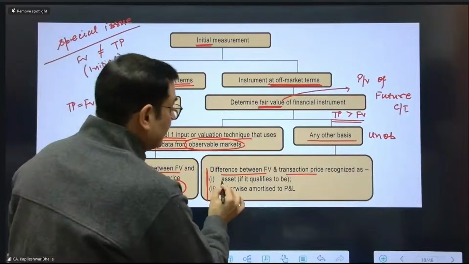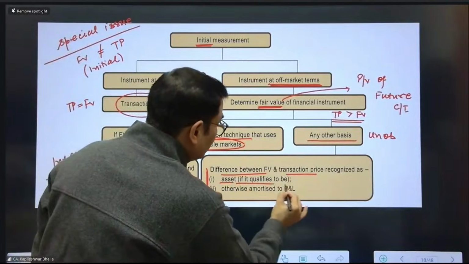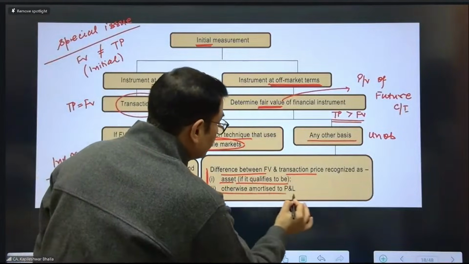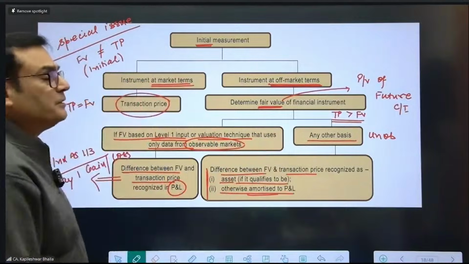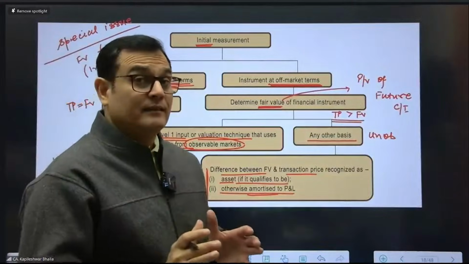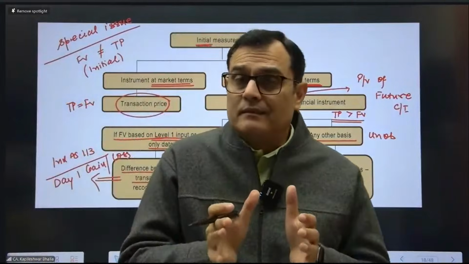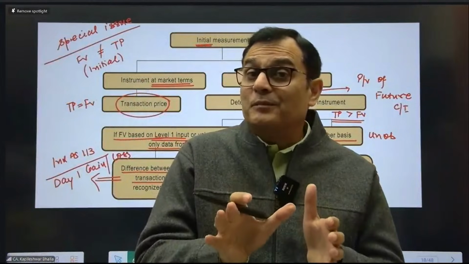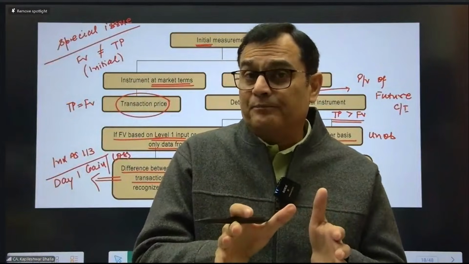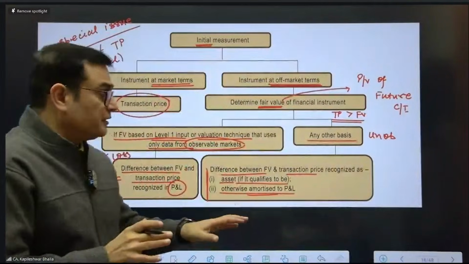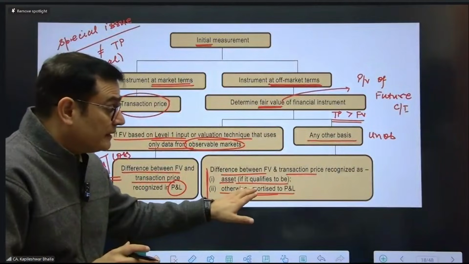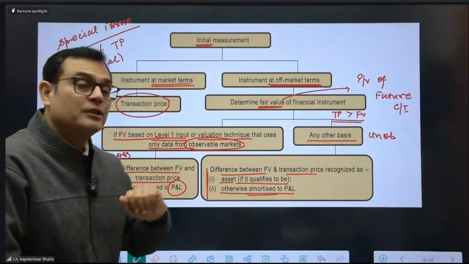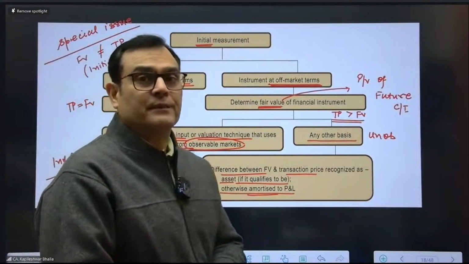It is an asset if it qualifies to be, otherwise it is amortized to P&L over a period of time. So either it is captured as an asset and it doesn't get into the P&L, or it is captured and then it is slowly and steadily transferred and amortized to the P&L.